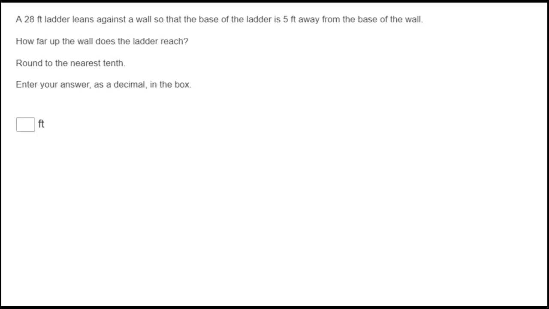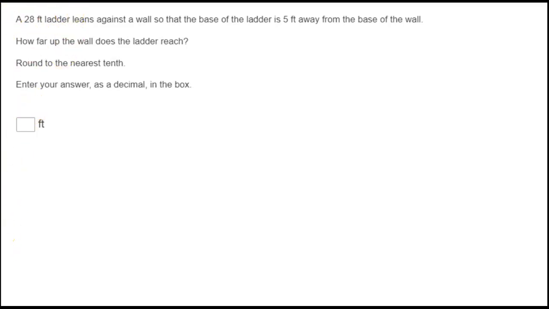Remember, for all of your exit tickets, when you enter your answer in the box, you never want to put in the units. So you're going to sketch the situation to see that the ladder is the hypotenuse of a right triangle. Those legs measure 5 feet and x feet. So what is the value of x?